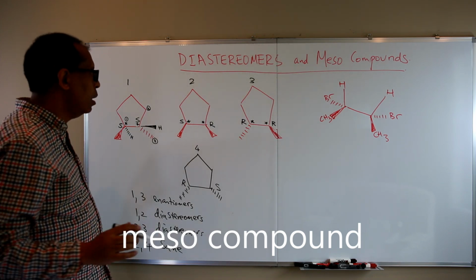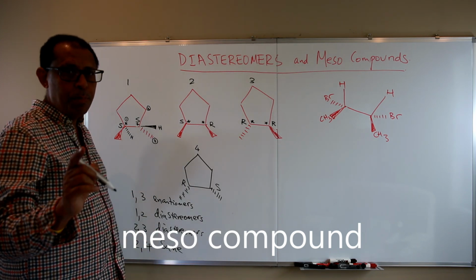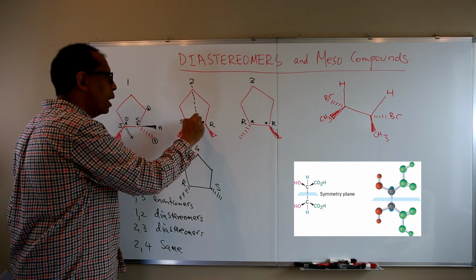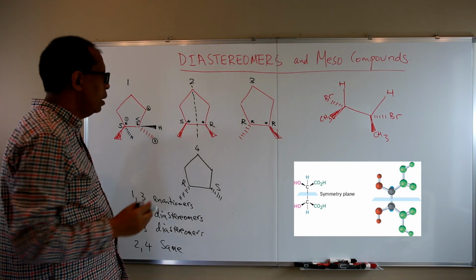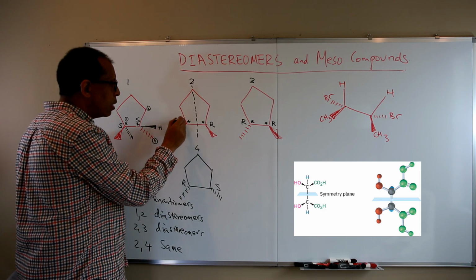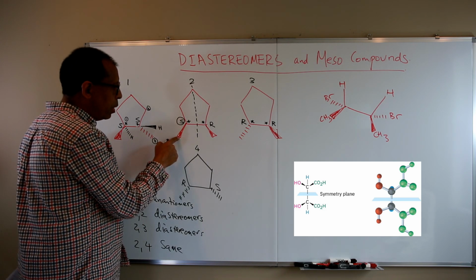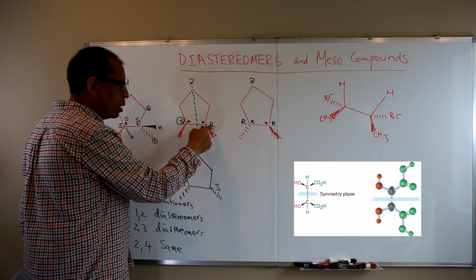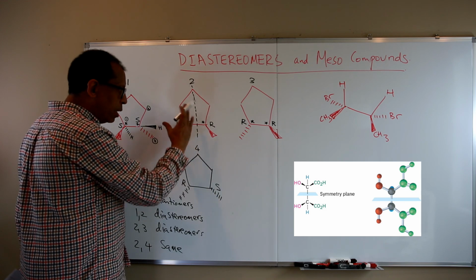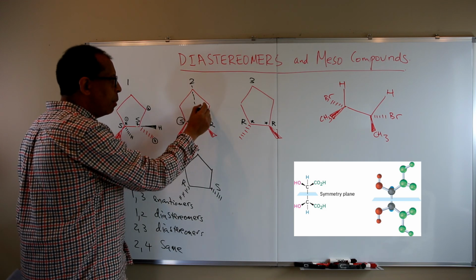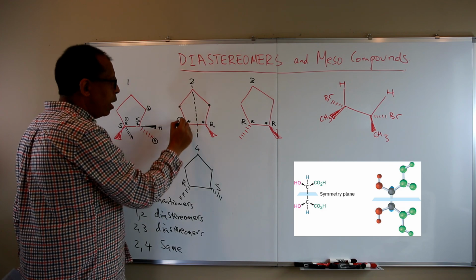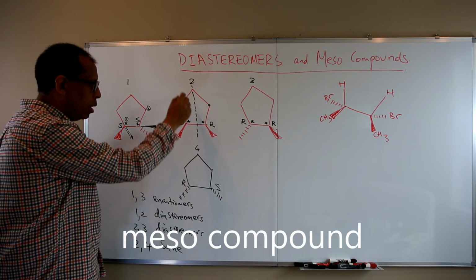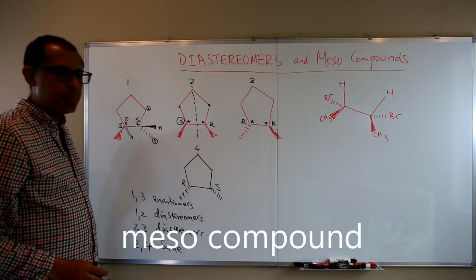The reason being, a compound that has a plane of symmetry, meaning that if you have a compound like this, where this chiral center is S, and the methyl is here, and the other chiral center is the mirror image of that one, within itself, this compound is reflected to this, everything is reflected within the compound. This compound is a meso compound.